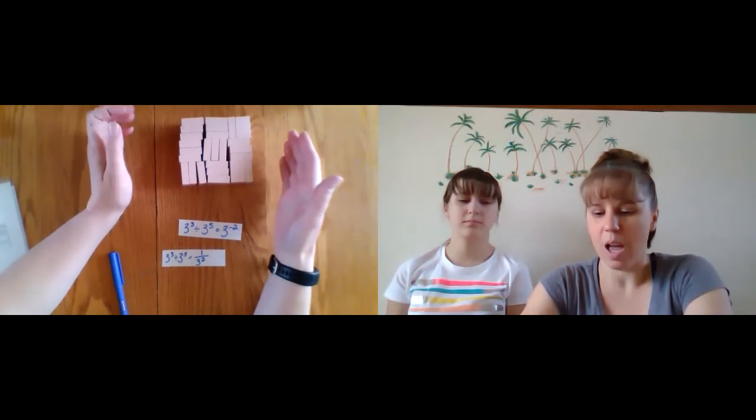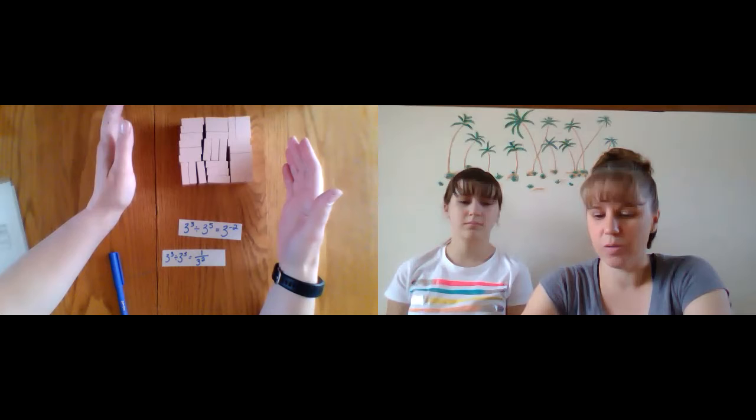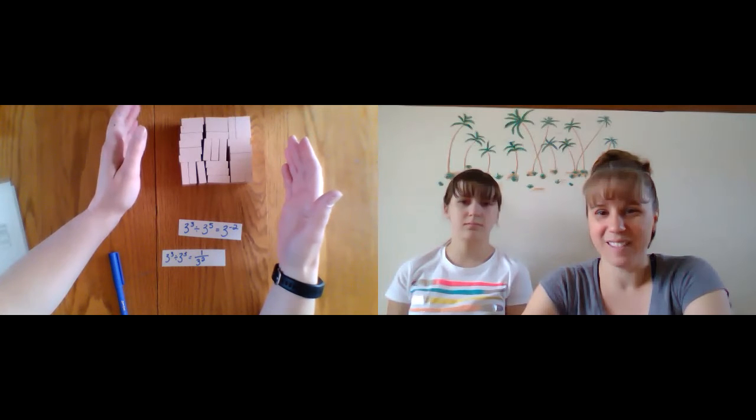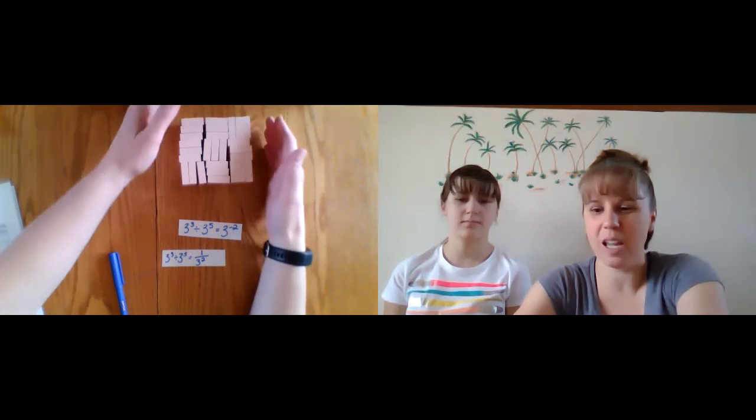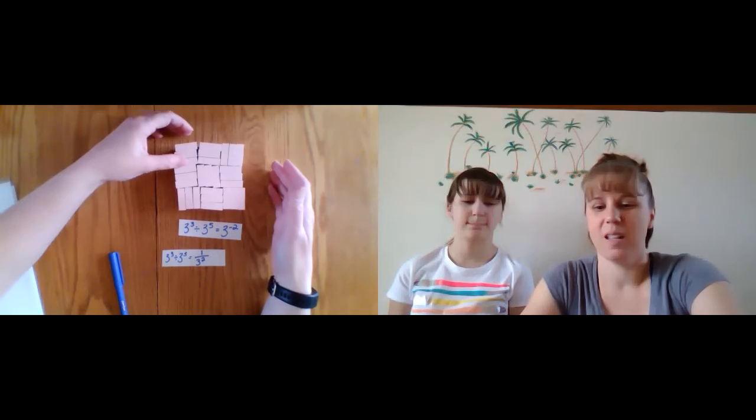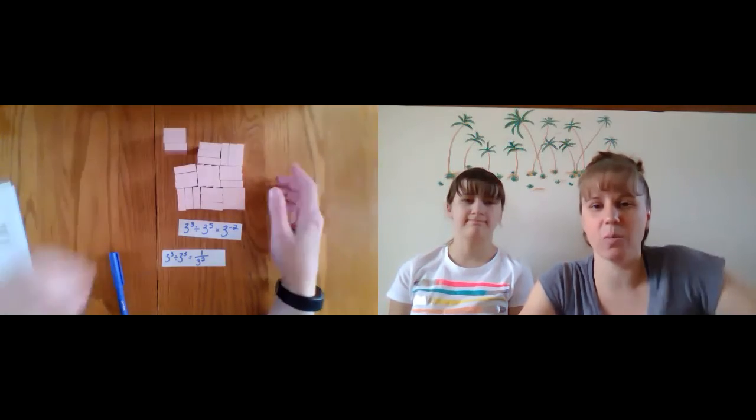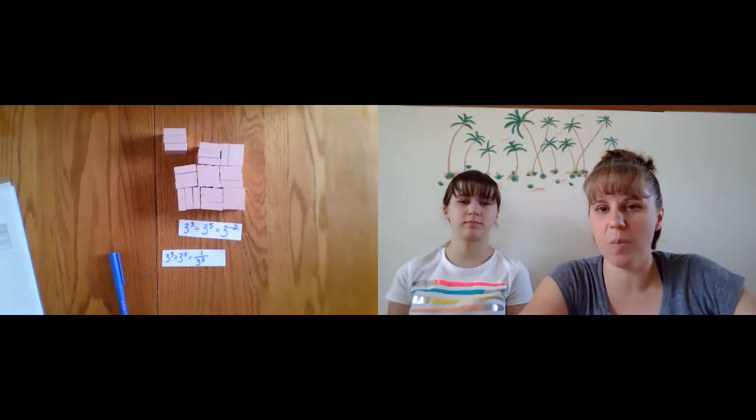We're looking at our 3 to the fifth power. We're looking at our 3 cubed, and we're looking at how many 3 to the fifths there are in our 3 cubed. So we have to look at how many pieces, how many parts there are here.